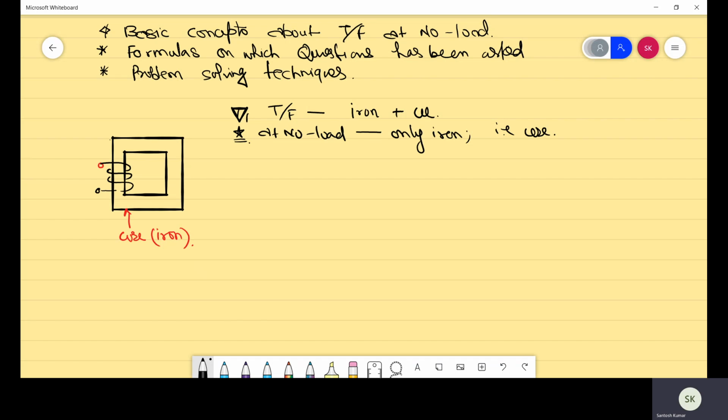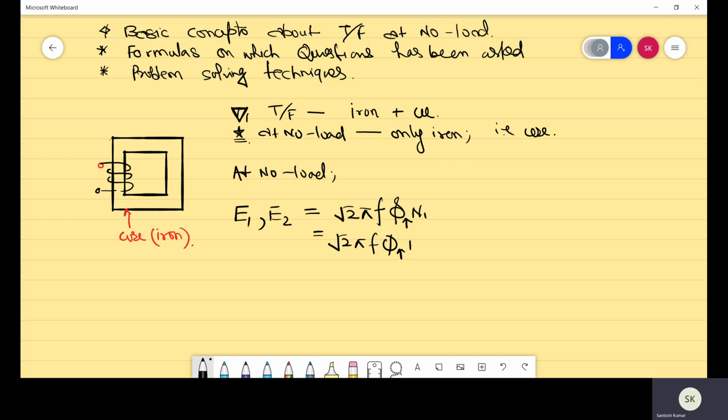Now what will happen at no load? We all know the working of the transformer. So the main concern is that at no load, the voltage induced, E1 on the primary side or E2 on the secondary side, is the RMS value equal to root 2 pi f phi max N1 for the primary side and root 2 pi f phi max N2 for the secondary side.